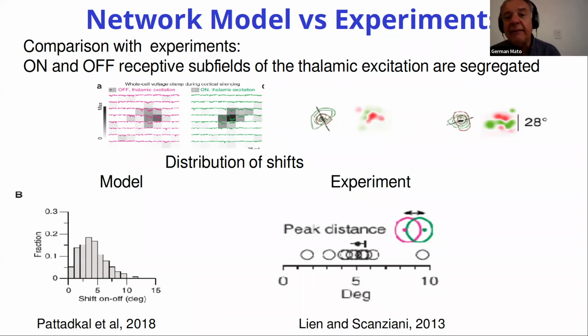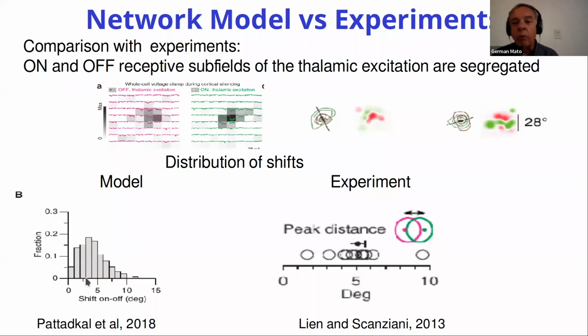An interesting result is that the on and off receptive subfields of thalamic excitation are spatially segregated. I mean, they are two clouds of points, but are separated in space by some distance. The separation they find is about 5 degrees. There's a broad distribution, but on average it's about 5 degrees, and this is more or less what we obtain in the model.